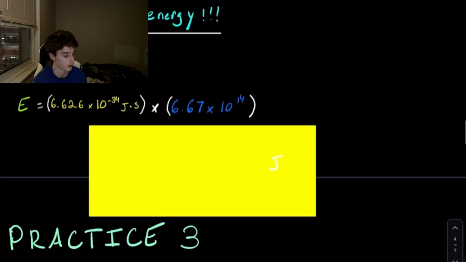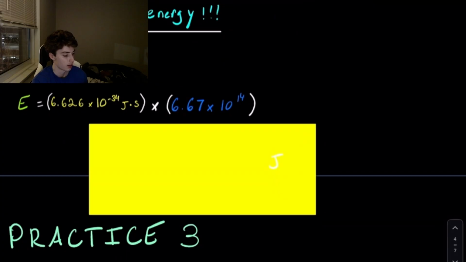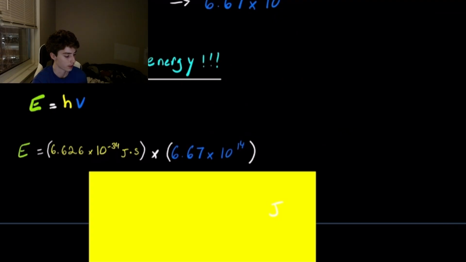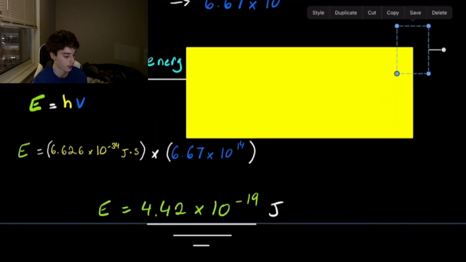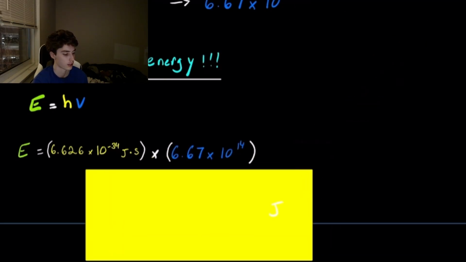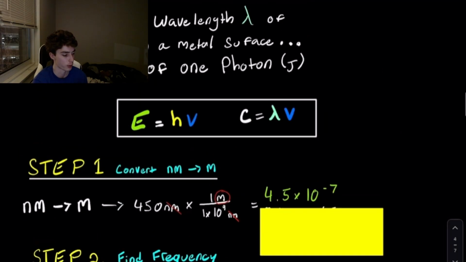H times V, Planck's constant times frequency equals energy. We should get 4.42 times 10 to the negative 19th joules. Joules is our unit. That is our answer, a practice problem using both of these equations. You kind of have to work backwards in some ways.